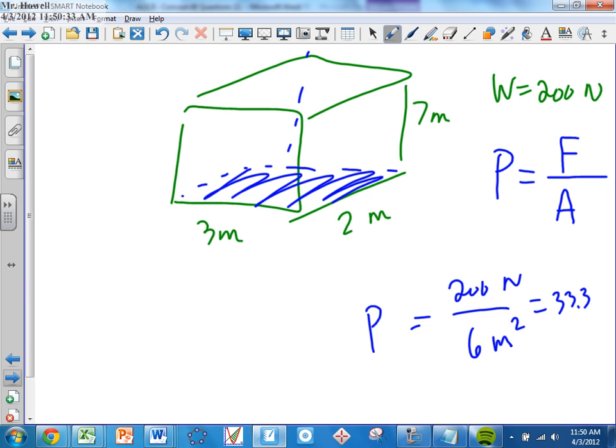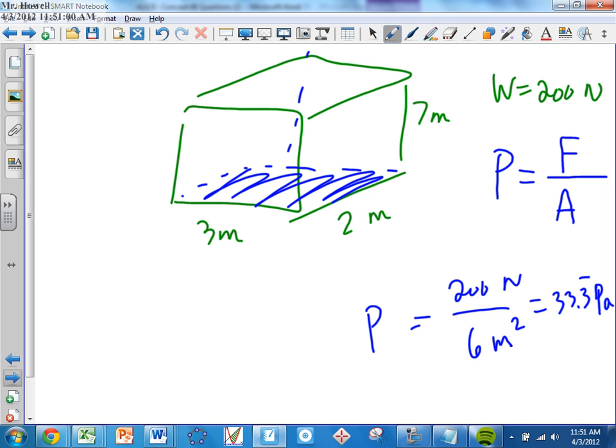What's my units for this? Pascal. Your units always are pascals. You might want to write them as kilopascals when we're looking at atmospheric, which we'll do in a second. Whenever you get your answer, it's pascals. You can then move it if you like.